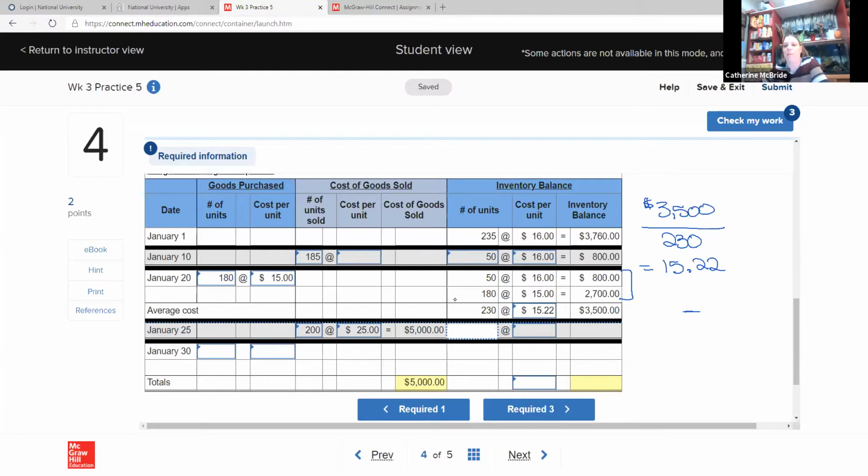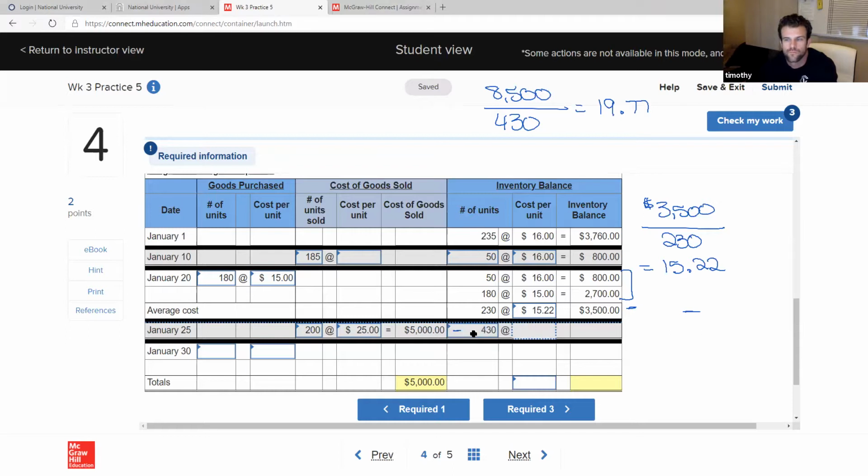Let me go up top here. Now I have 3,500 to begin with, plus another 5,000. So I have 8,500. And for that, I bought 230 plus 200, so 430 units. So if I take 8,500 divided by 430, I have $19.77 per unit. So here I have a total of 430 units at an average of $19.77.